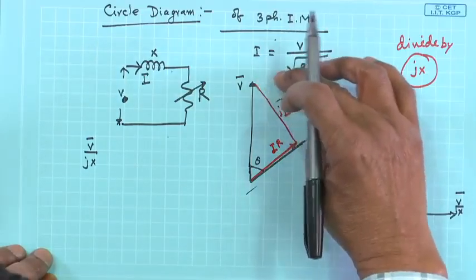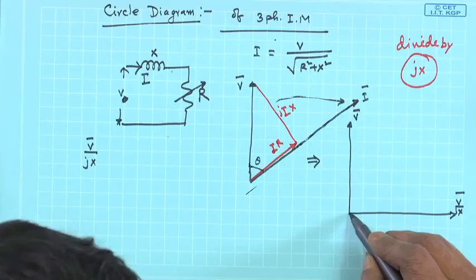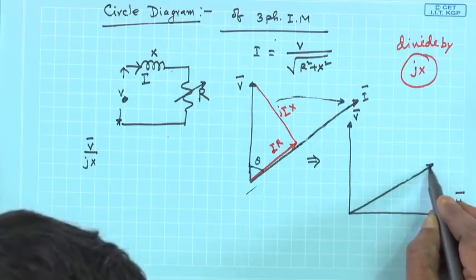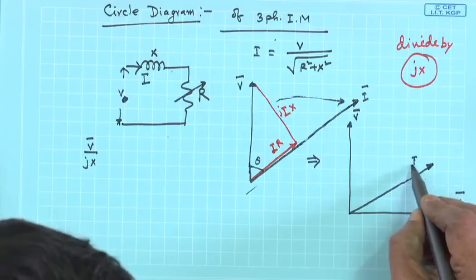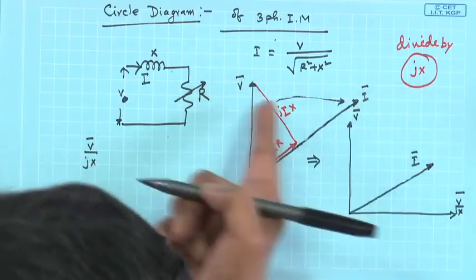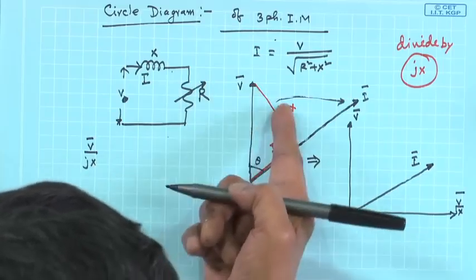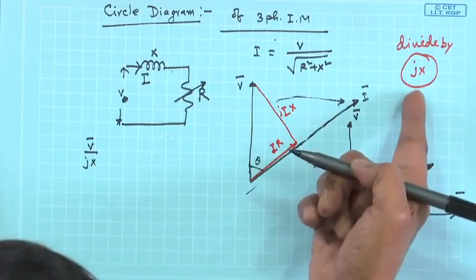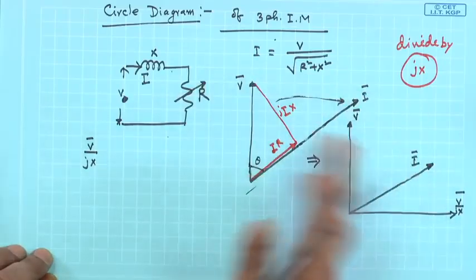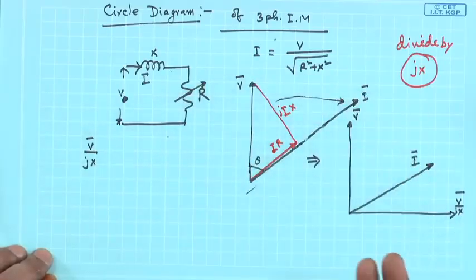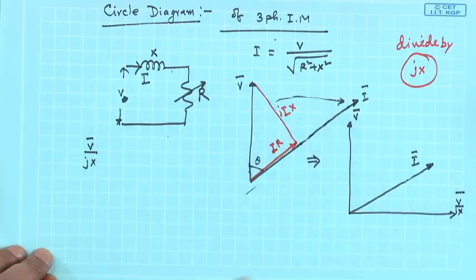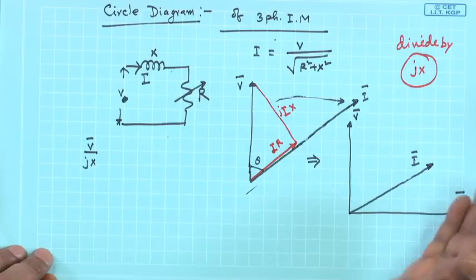So, this side will become this here, I. How is it obtained? jIX by jX. All the sides of this triangle I am dividing by this number jX. So, everything will be scaled down appropriately by a factor X and rotated by 90 degrees, since you are dividing, clockwise rotation. So, this is I.